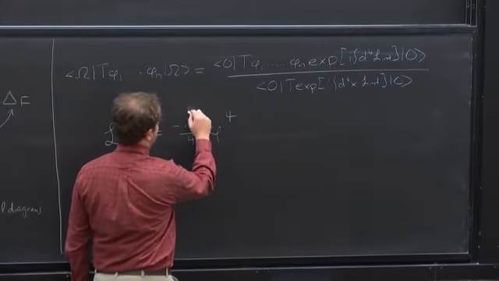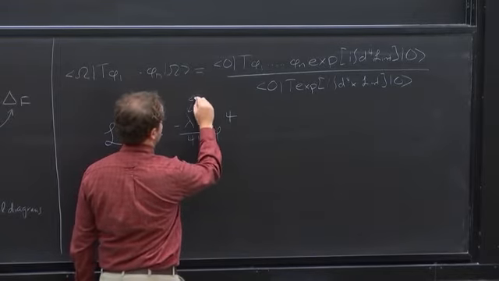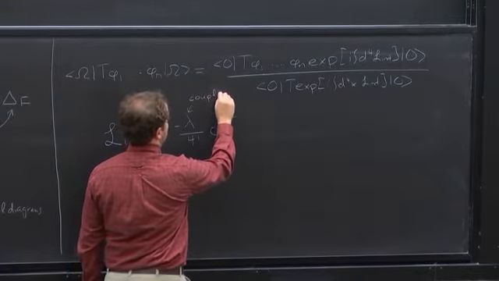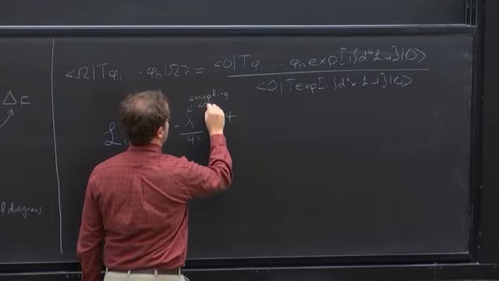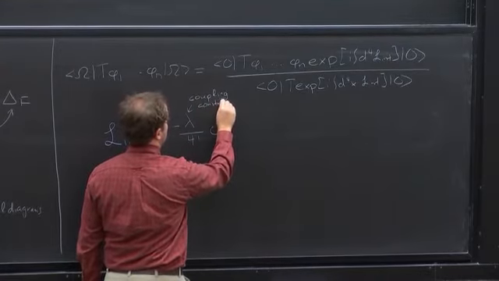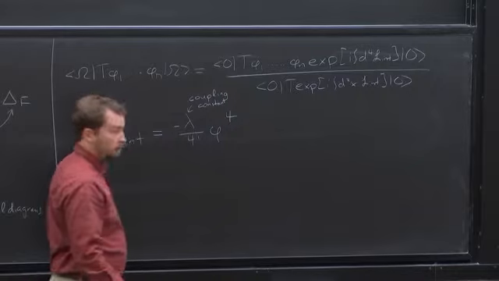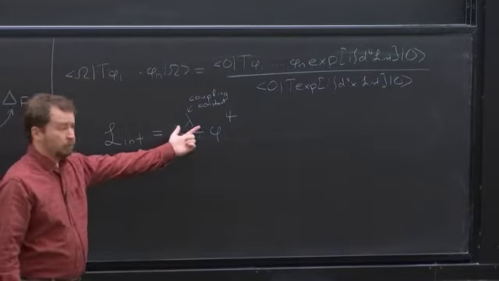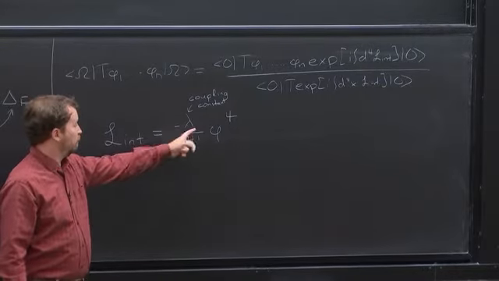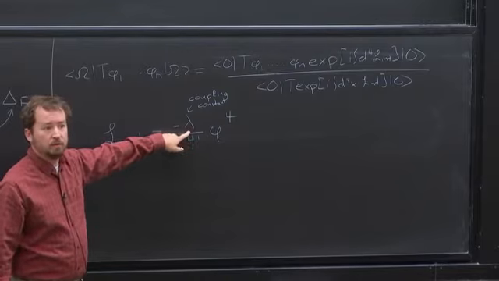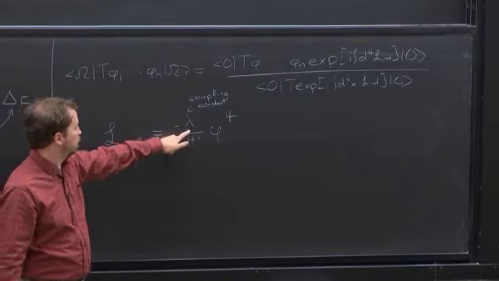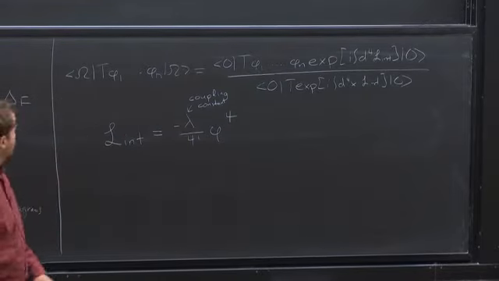And this lambda is known as the coupling constant. So when we're doing perturbation theory, in a sense, we're doing perturbation theory in lambda. This is a small positive real number.